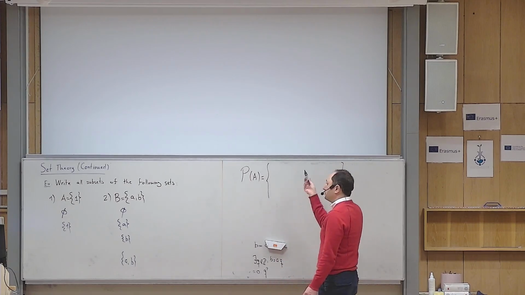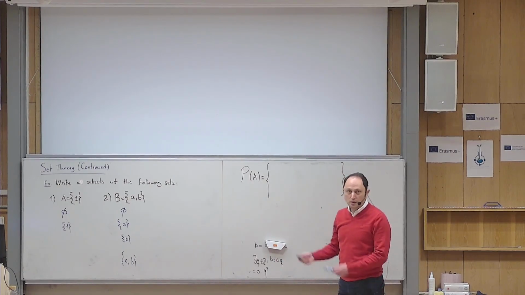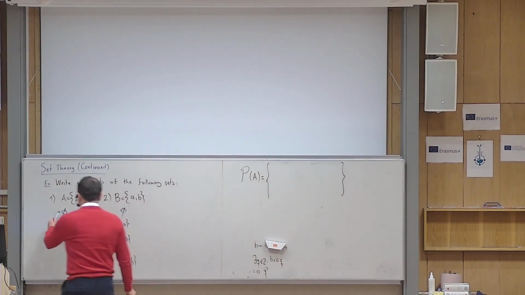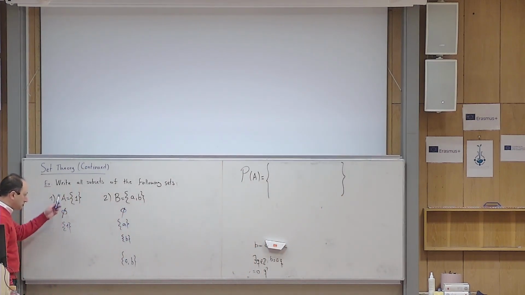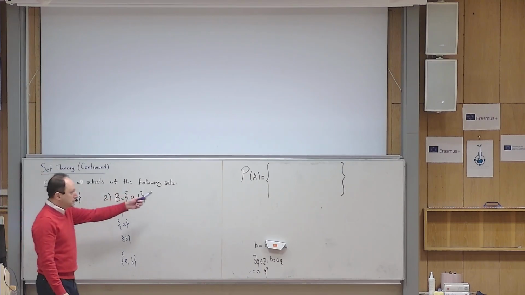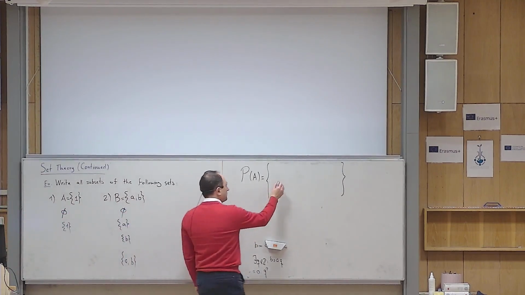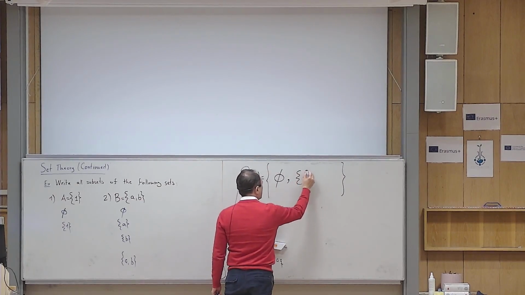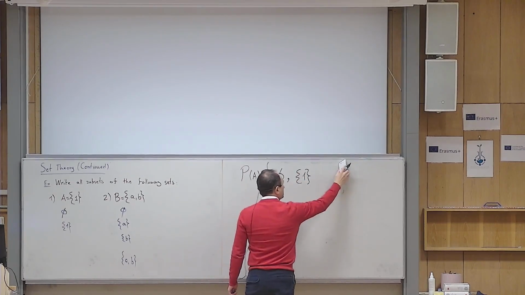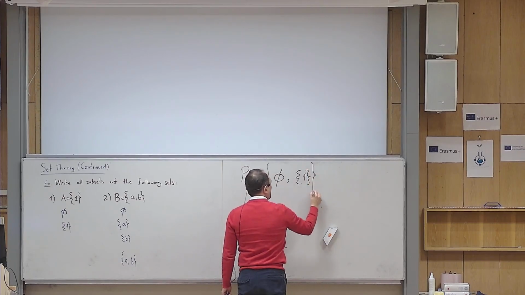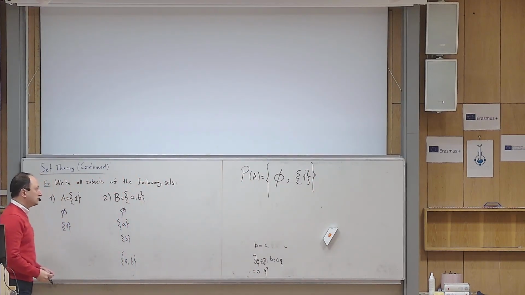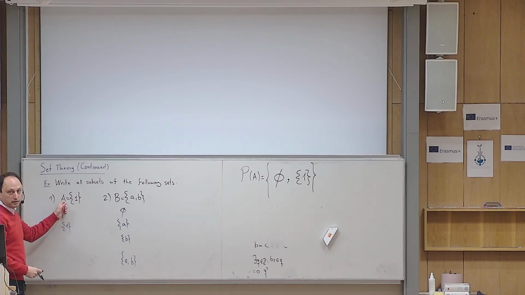Okay, but what I put inside the set are the subsets of A. So these subsets that I discovered here, this is in your book. This is not in your book, but they are very related. So I open this, I put empty set, I put curly brackets 1, and then this is too far. I bring it here and close it. What I get here is called the power set of A.